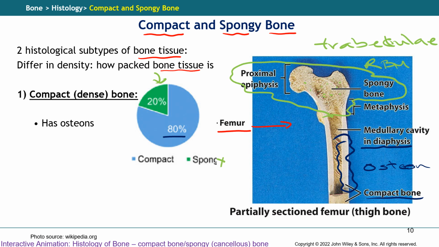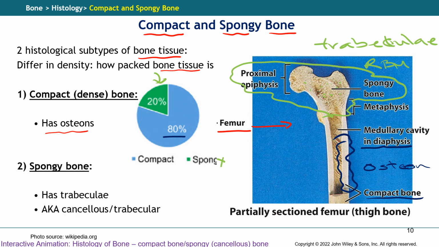The compact bone has this structure that I want you to write down that is called osteons, the structural units of compact bones, and the spongy bone, instead of osteons, has this structure called trabeculae. There you can see that spongy bone has different names. It's also known as trabecular bone. Now in the following slide, I'm going to zoom in with a schematic of the bone, so it's much easier for you to see the trabeculae and the osteons.